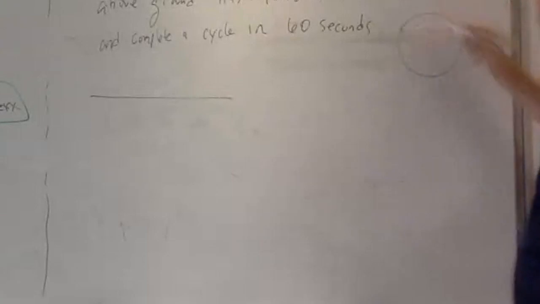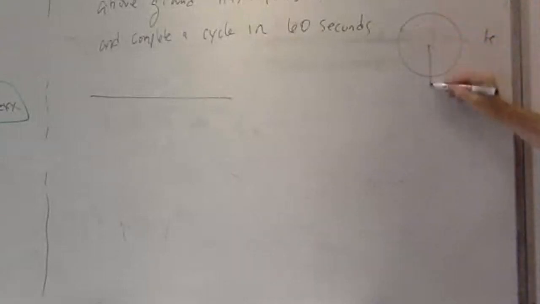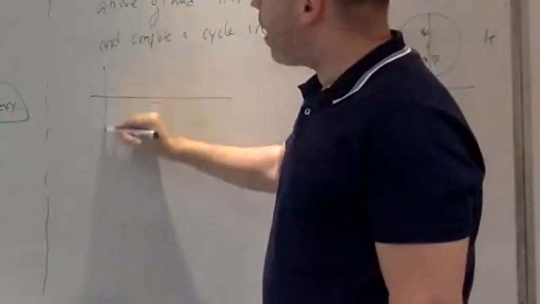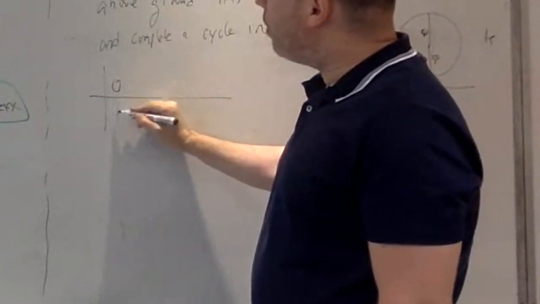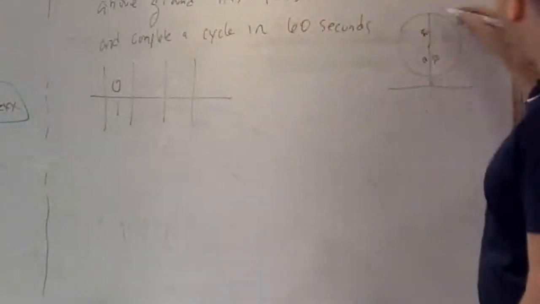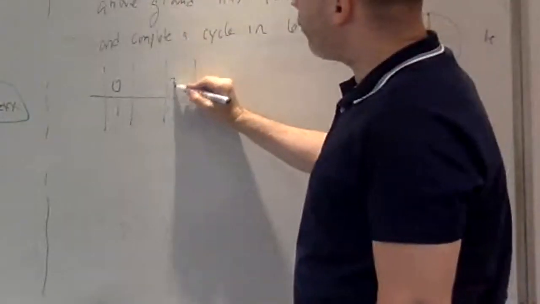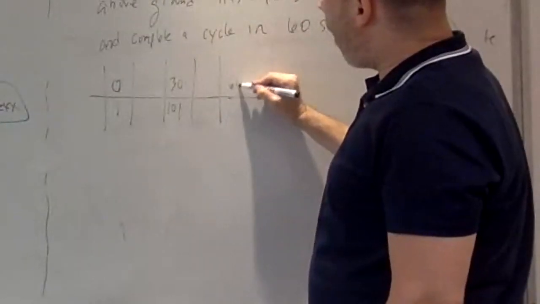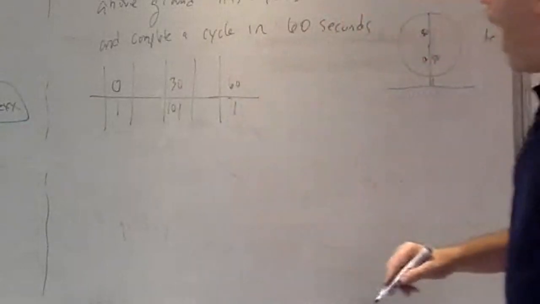We have a Ferris wheel, and the center is 51 meters above the ground, but the radius is just 50. So when you get on at 0 seconds, you're at 1. And then maybe 30 seconds later, you're at 101. And then after 60, you're back to 1.